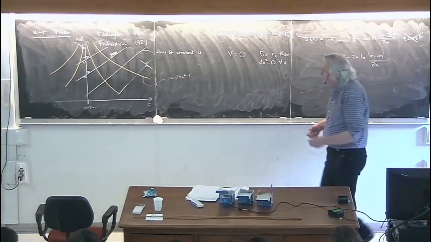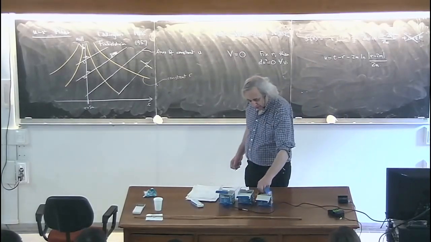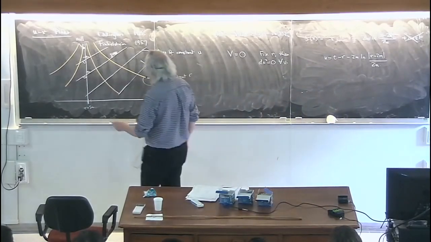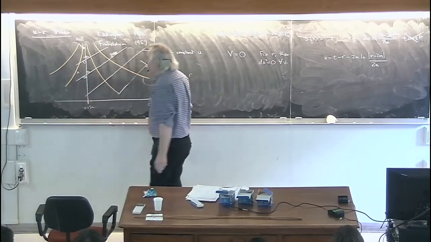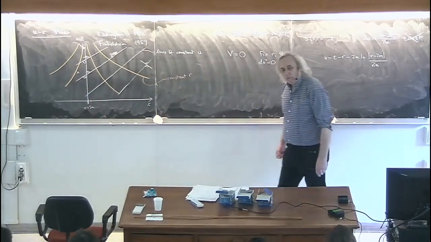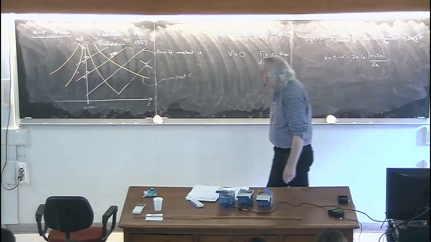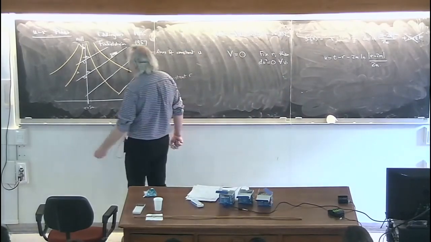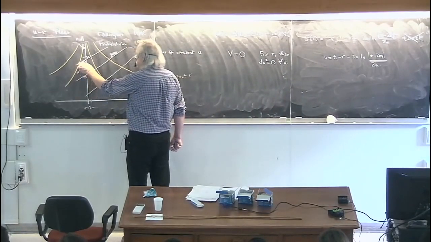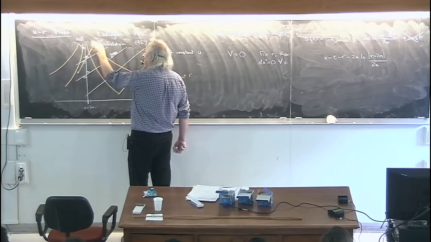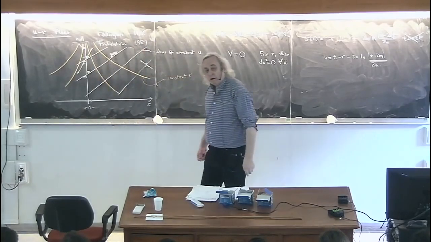Suppose that you are sitting in this point in space-time, somewhere here. What will you do? Well, you've got to move along a time-like line, so that means you've got to be in the interior of the light cone, which means that you have got to be expelled from this region r less than 2m.